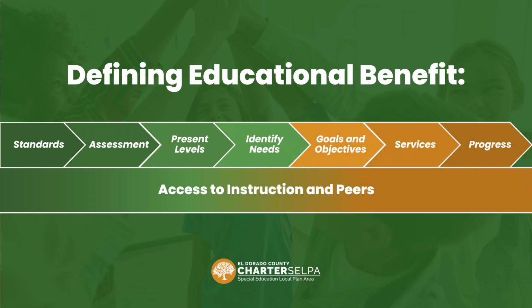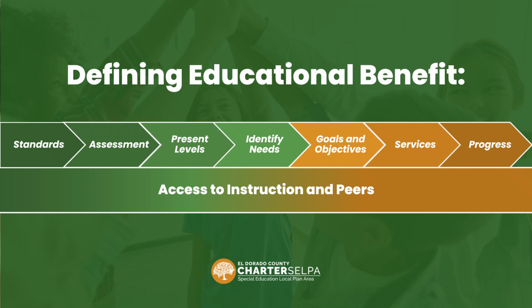This image illustrates the thread of educational benefit, beginning with the standards, which define the learning targets. In other words, the expectations for students based on their age or grade. When a student displays difficulty with accessing or making progress towards standards, the special education process may be initiated, beginning with assessment.